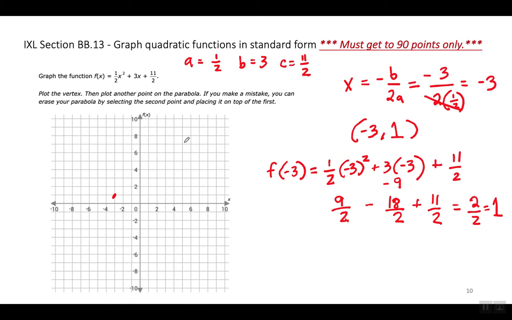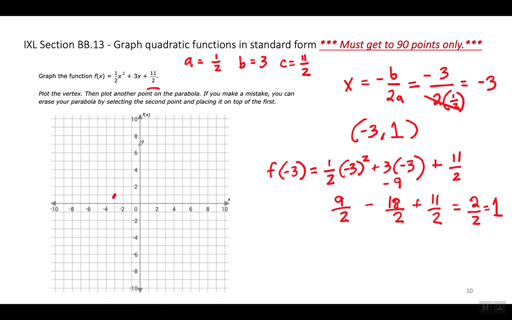All right, I have my vertex plotted, and that really wasn't that difficult because all the fractions ended up getting eliminated. Now I said that the easiest point to plot next would be the y-intercept, which is 11/2. Now you might think that because it's a fraction, you can't use that one to plot it, but IXL will accept it if it's either a whole number or right in the middle, whatever .5.